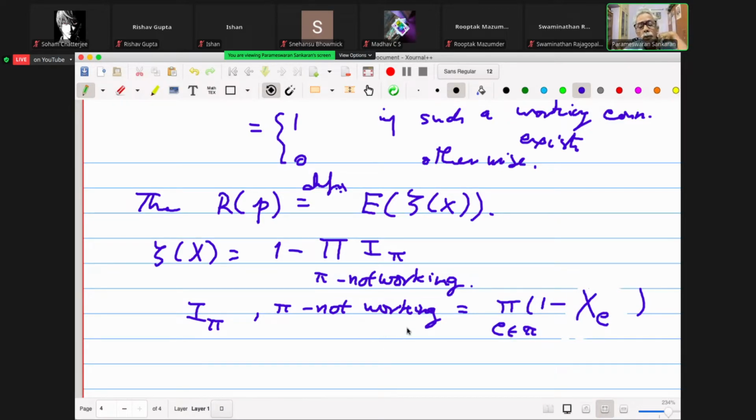Why so? Let us just think about it, whether this is pi or. Let us understand this. When will this be 0? If one of the edges is working, right? So when will this be 1?